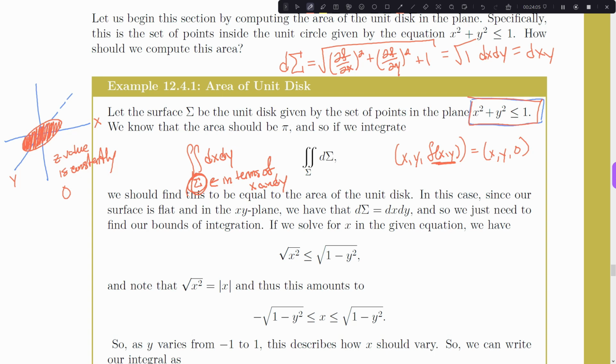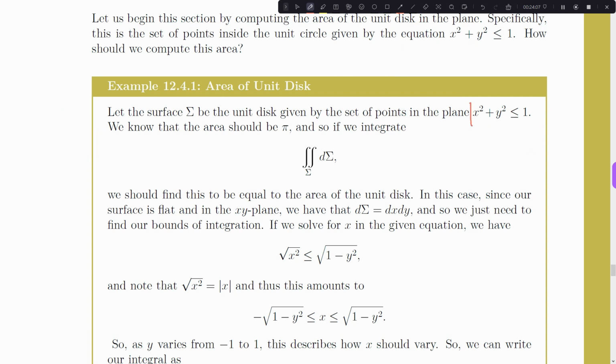It's not too hard. Let me clear the screen really quick. If I look at this, that's the region I'm looking over. Let's just solve for y. To do that, all I'm going to do is pull x squared to the right-hand side to get y squared less than or equal to 1 minus x squared, or in other terms, y is between plus or minus the square root of 1 minus x squared.